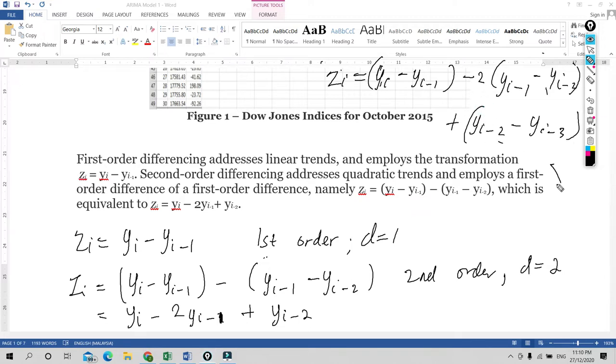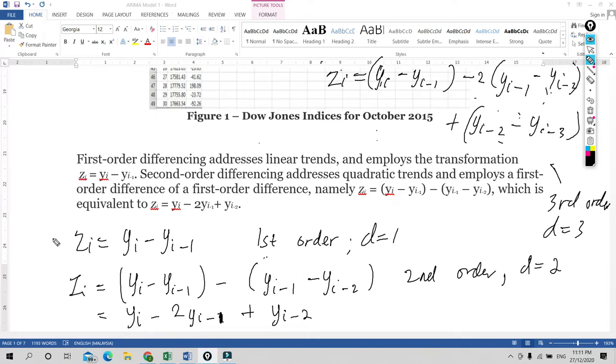These are third order differencing, or d is equal to 3. So you can simplify this equation. The process goes on and on. You can difference up to d order.